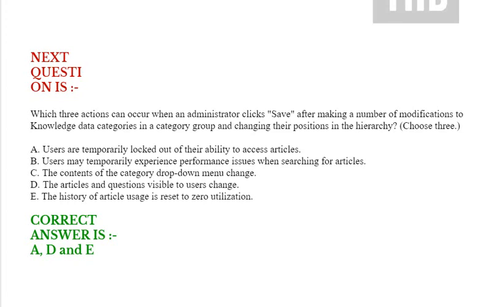Option B. Users may temporarily experience performance issues when searching for articles. Option C. The contents for the category drop-down menu change. Option D. The articles and questions visible to users change. Option E. The history of article uses is reset to zero utilization. Correct answer is option A, D and E.